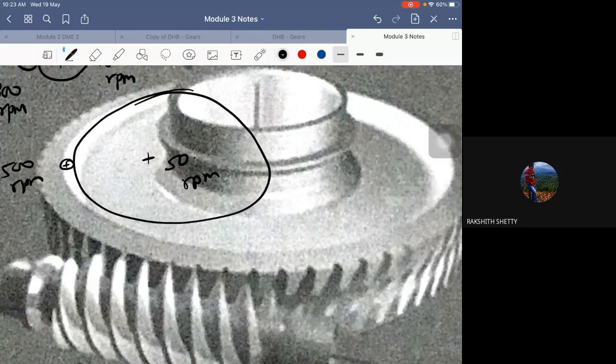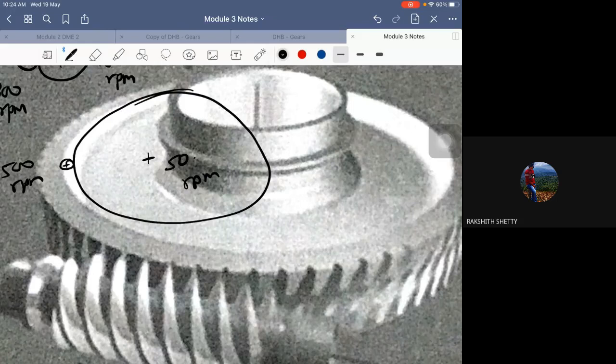Is it practically possible to have such a gear system where the pinion is very, very small and your gear wheel is very, very big? Is it practically feasible to accommodate such things in the industry? It looks absurd, isn't it?